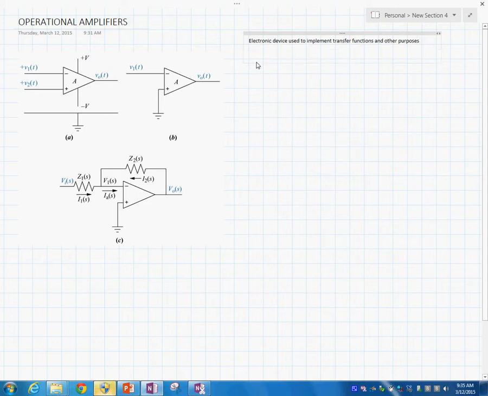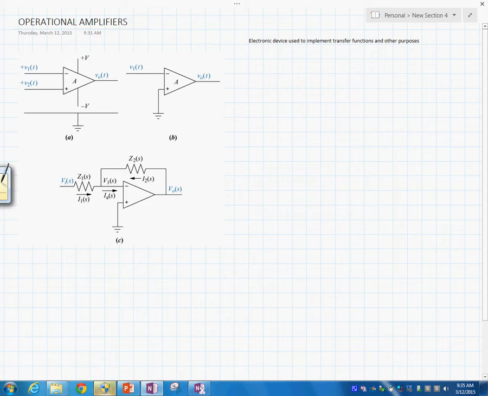Then we are also going to say that this is a device that is externally powered, and in here you see you have an input, you have a voltage difference between this and this end.